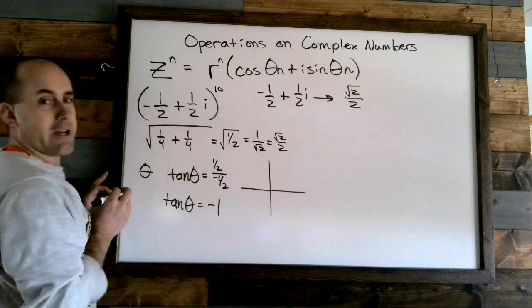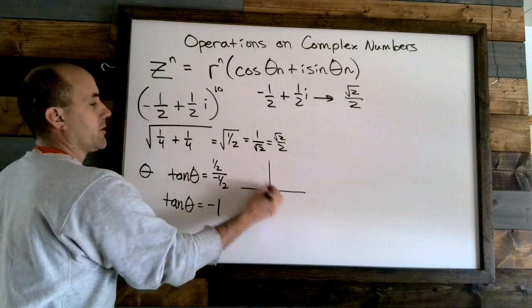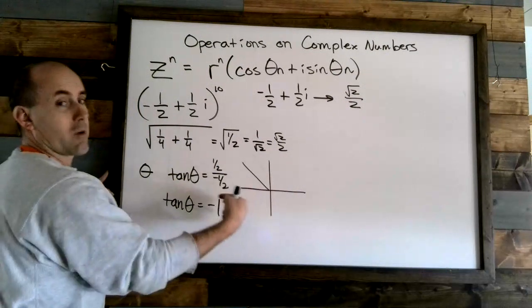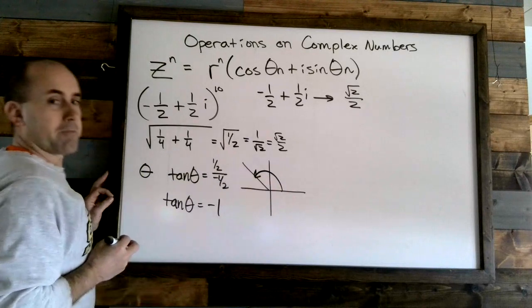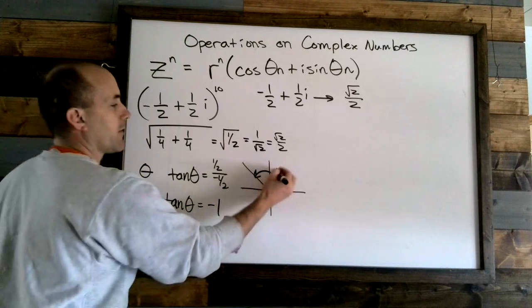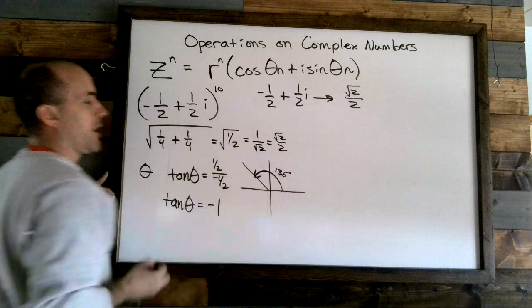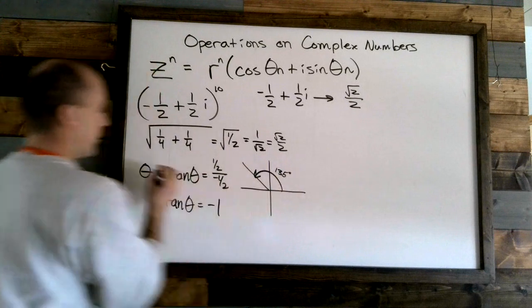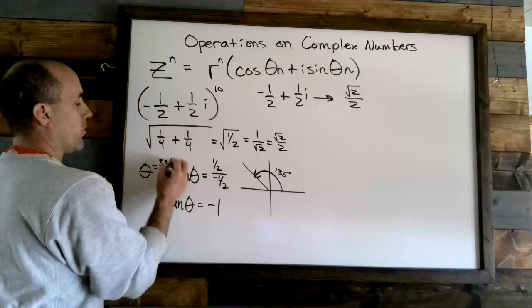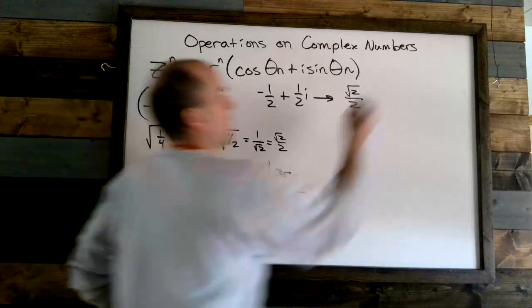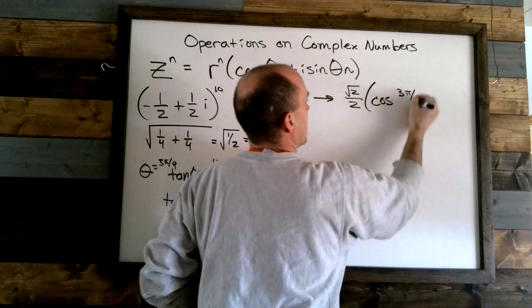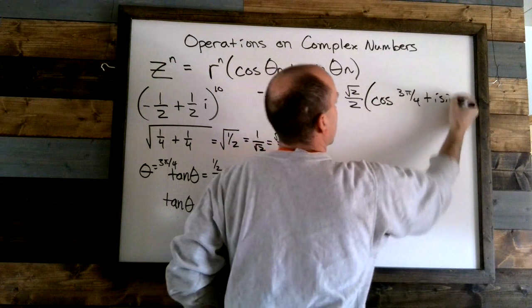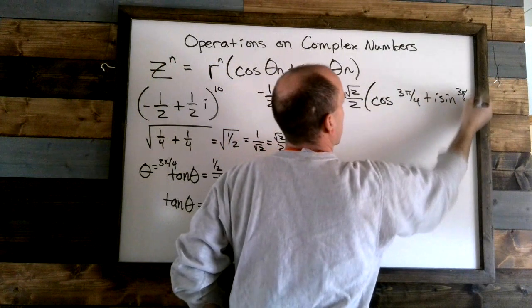Which quadrant am I in? The quadrant is the second quadrant because it's back 1/2 and it's up 1/2. So I'm in the second quadrant. Okay. That's 135 degrees. And so that's 3 pi over 4. So theta is 3 pi over 4. Cosine of 3 pi over 4 plus I sine of 3 pi over 4.